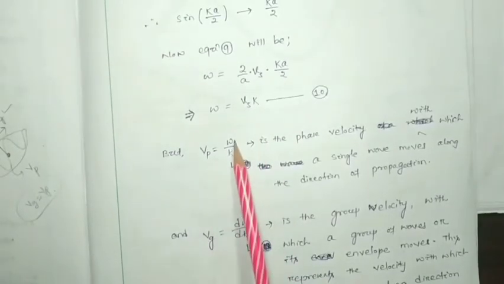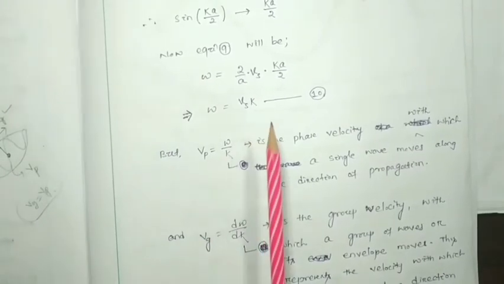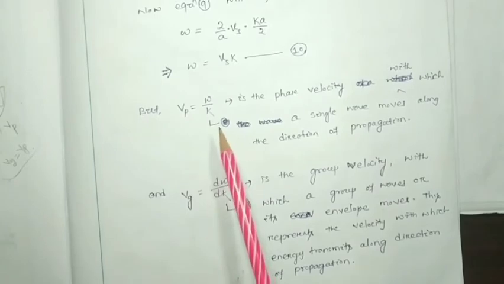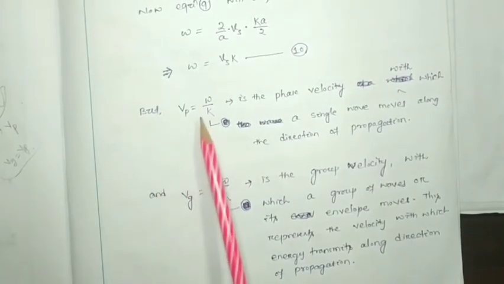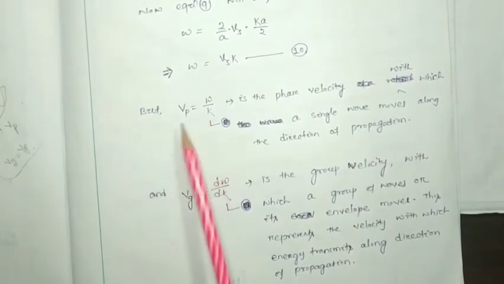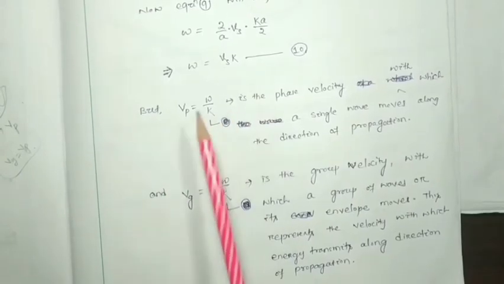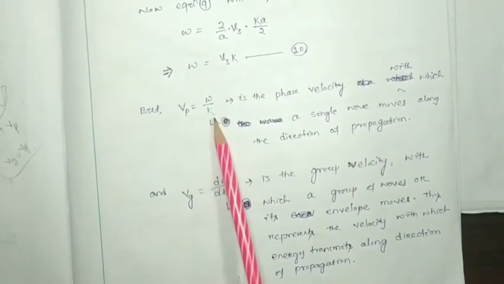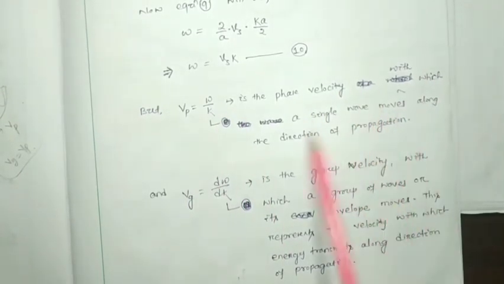Vp is nothing but omega by k. In general, you can follow the previous video where I discussed phase velocity and group velocity. I will give the link in my description. From that you can follow that one, where we discussed in detail that phase velocity is nothing but omega by k, the phase velocity with which a single wave moves along the direction of propagation.